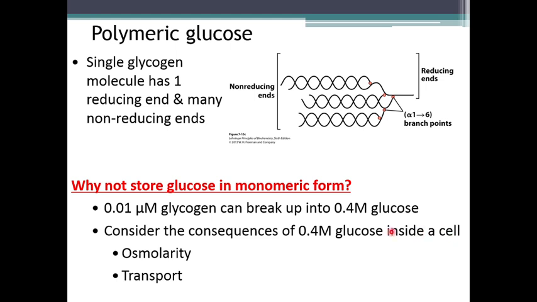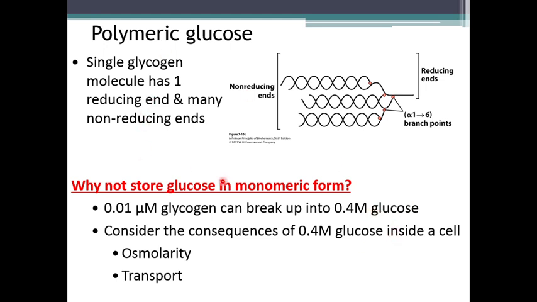Now it can also lead to transport of glucose, and glucose transport is essential, and we do not want glucose to get out of the cell and enter other cells, and hence glycogen is stored as a polymer of glucose in liver, and only when there is a requirement of glucose will the glycogen molecule get broken down by enzymes to individual glucose molecules.